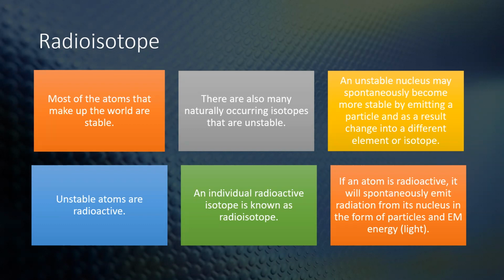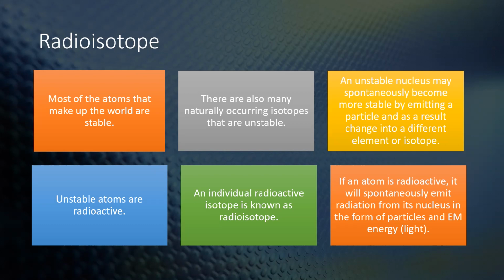An unstable nucleus may spontaneously want to become more stable, and when it does, it will emit a particle and as a result change into a totally different element or isotope. All right? Unstable atoms are radioactive. An individual radioactive isotope is known as a radioisotope.